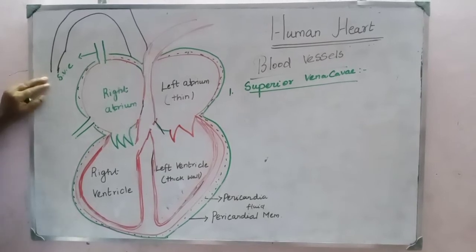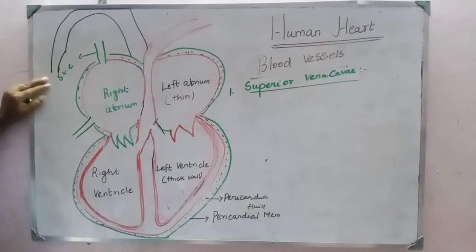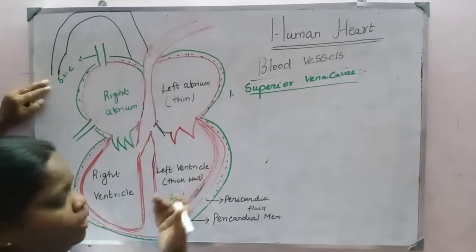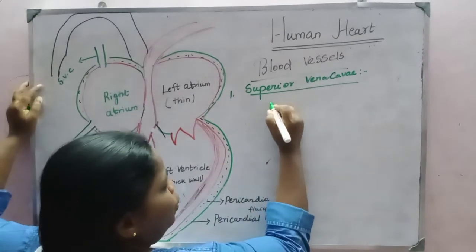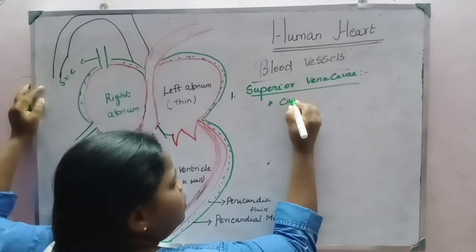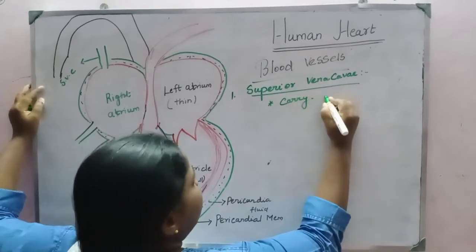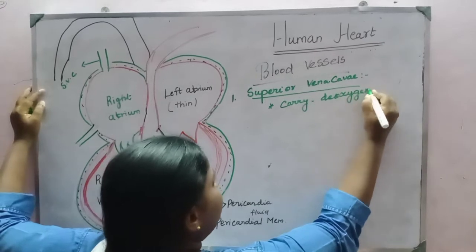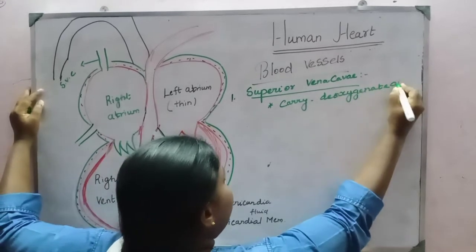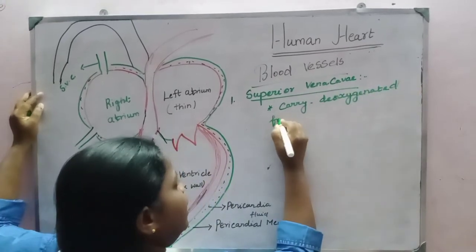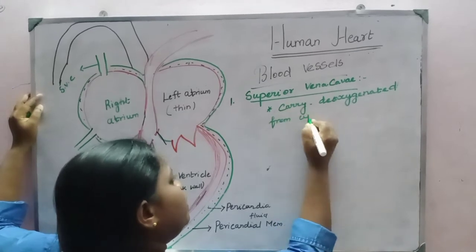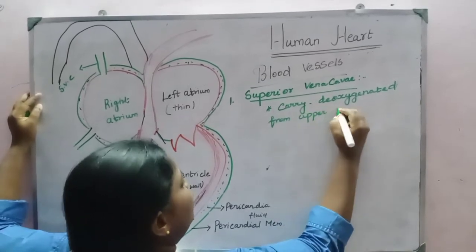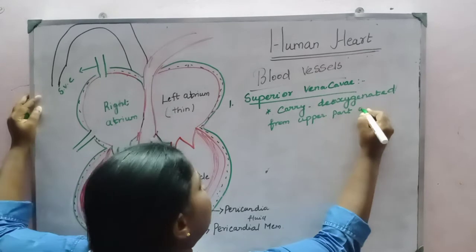It brings deoxygenated blood from the upper part of the body. So, it carries what kind of blood? Deoxygenated blood. Deoxygenated, that means impure blood, from the upper part of the body.